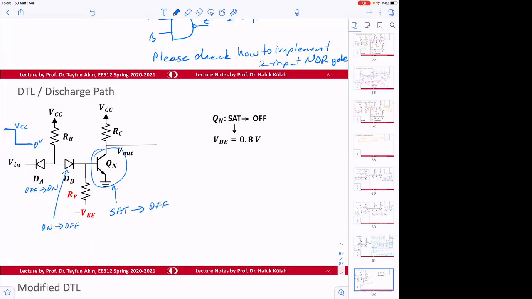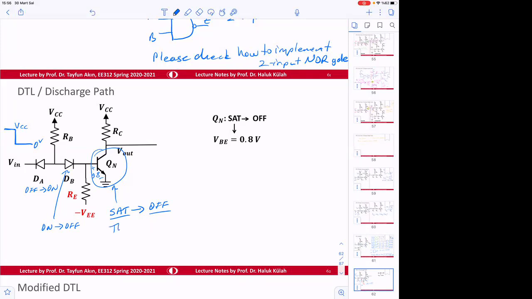So in order for the transistor to go from SAT to off, this diode here, the base emitter junction, needs to be discharged. It used to be 0.8 volts.